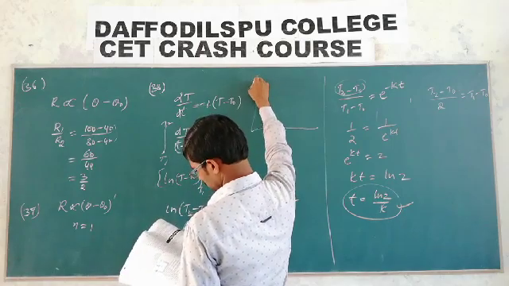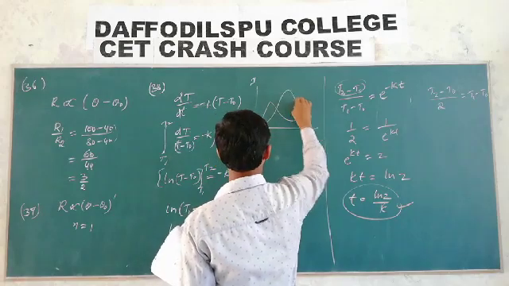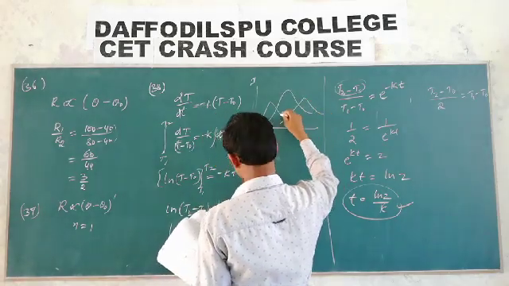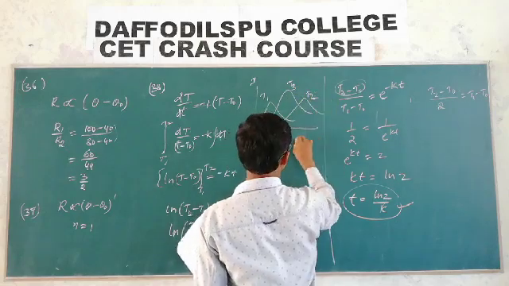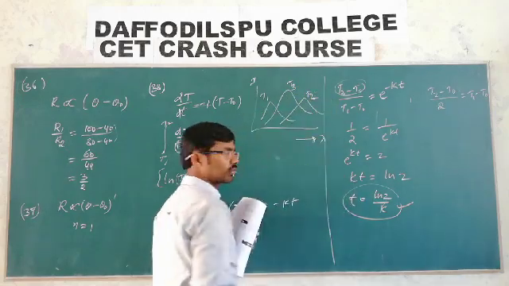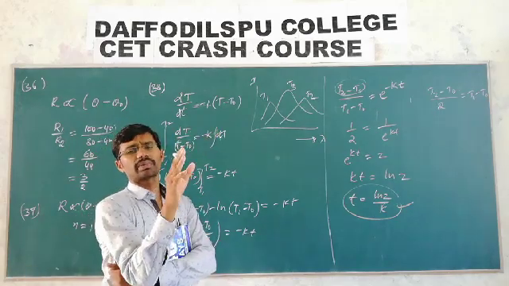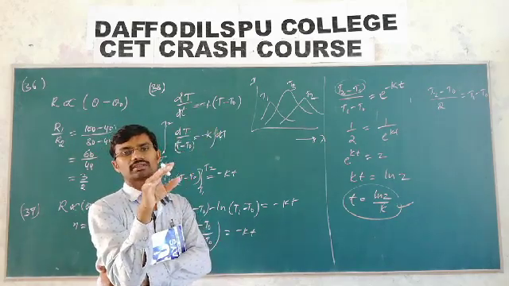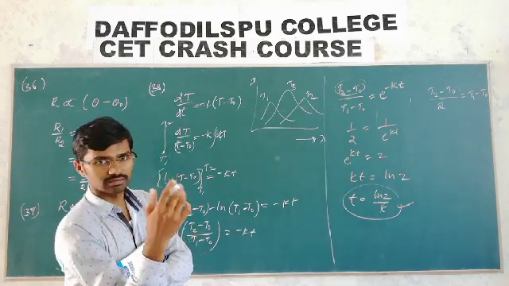Here intensity is given for T1, T3, T2 against wavelength. Remember the relation between wavelength and temperature: the wavelength corresponding to maximum energy is inversely proportional to the absolute temperature.